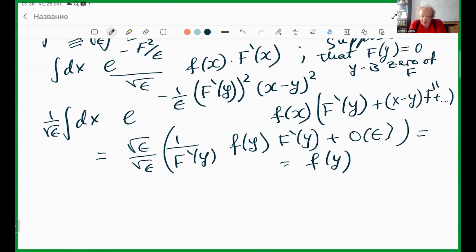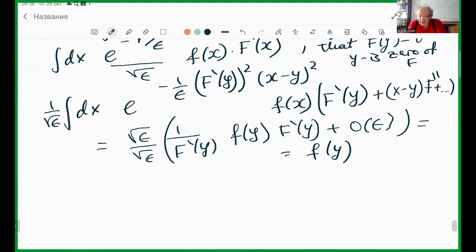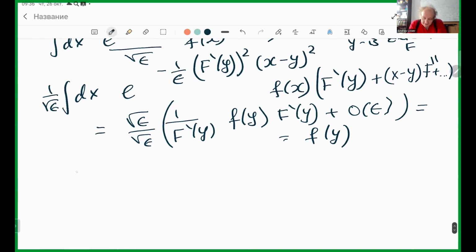Okay, since no questions, it means that I went with the proper speed. So now I have the following formula.